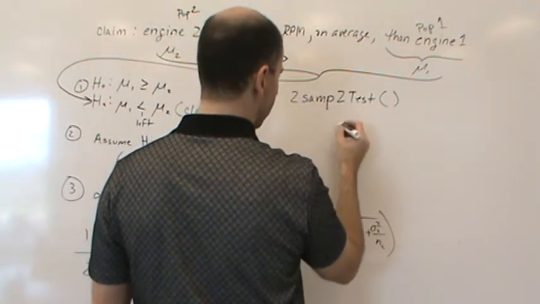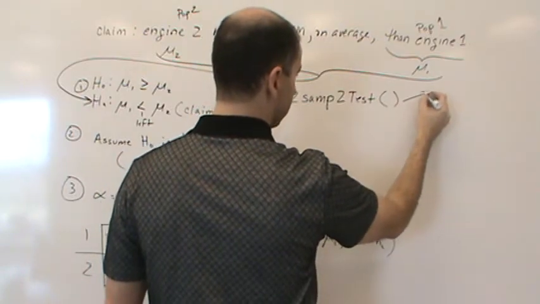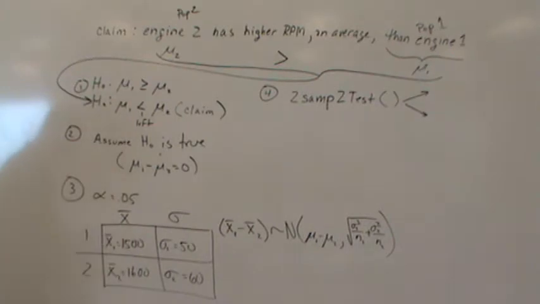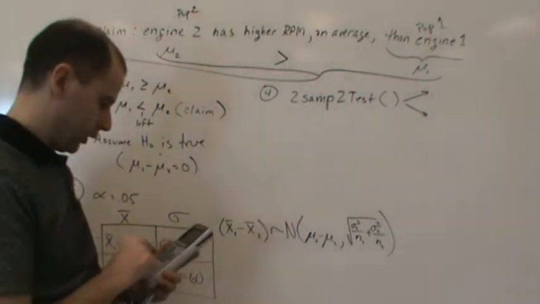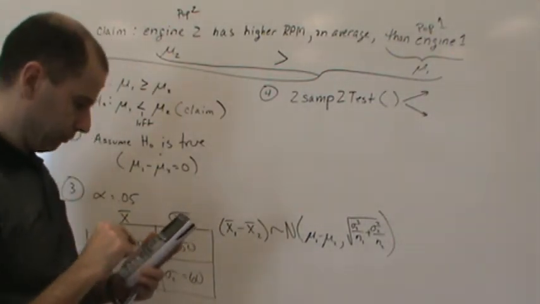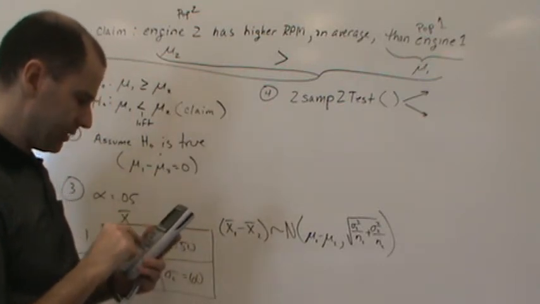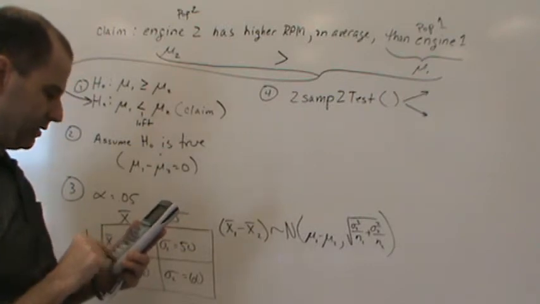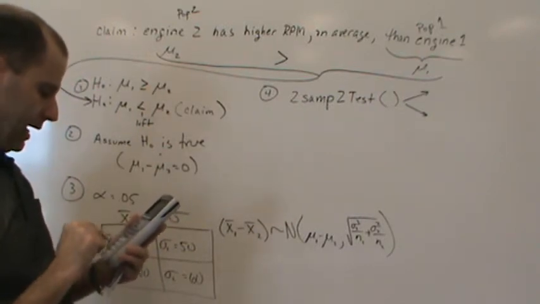Now all I'm going to do is put in the information I need. Let me grab the calculator. I'm going to go to stat tests, go down to number 3, two-sample z-test.